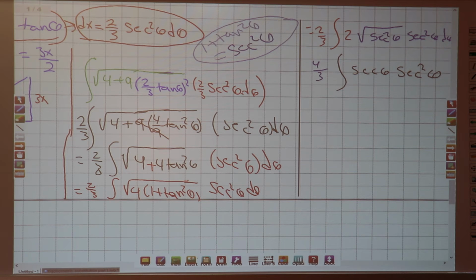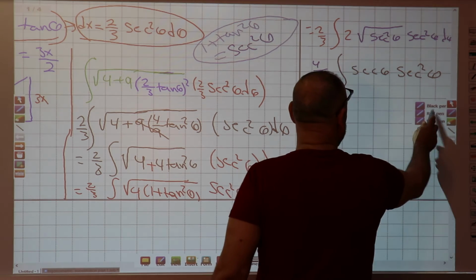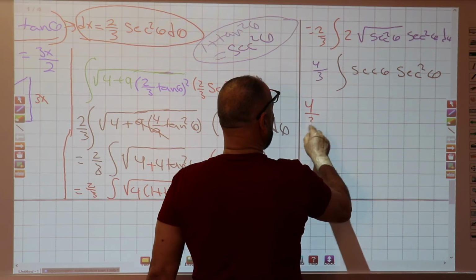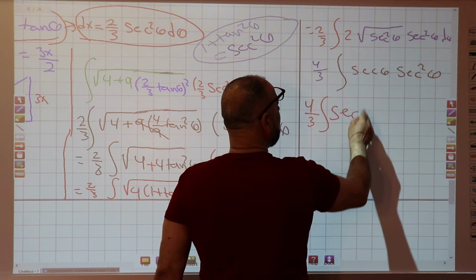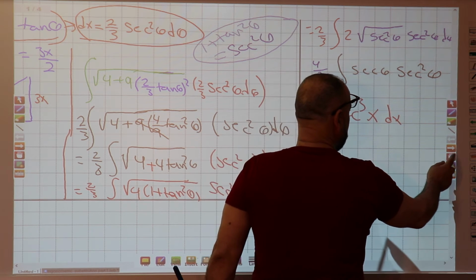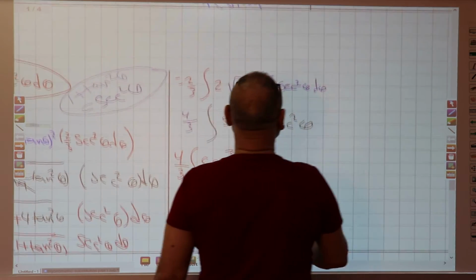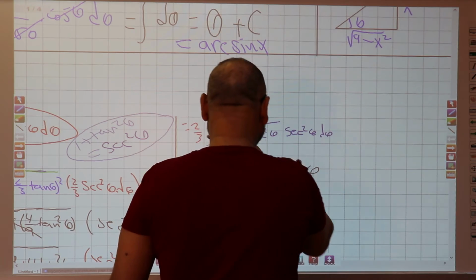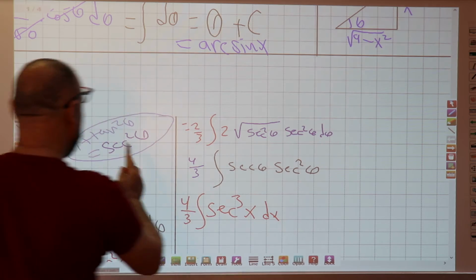The rule for the secant cube: if you look at this guy, this 4/3 secant cube x dx. I will give you a rule here to see it and apply it here.